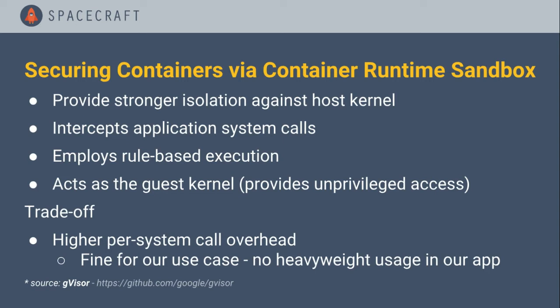and increase the isolation by using a container runtime sandbox. Basically, what a container runtime sandbox does is intercept all application system calls and employ rule-based execution. What this means is that if an attacker has an opportunity to make privileged system calls, the container runtime sandbox will see that immediately and intercept and block it.